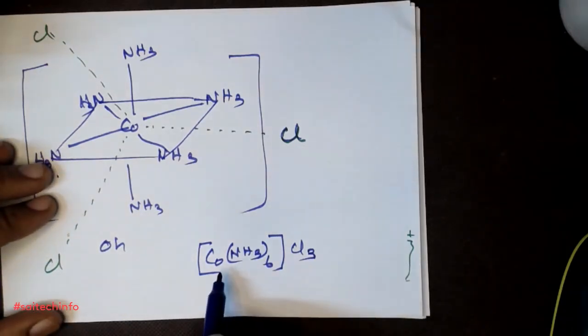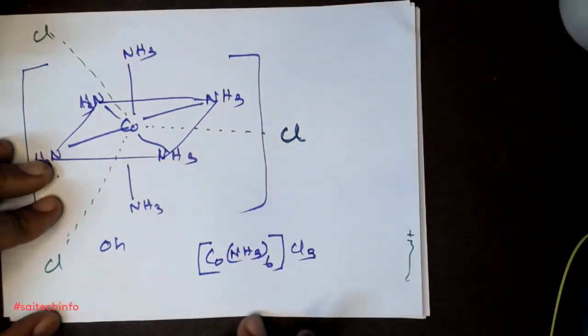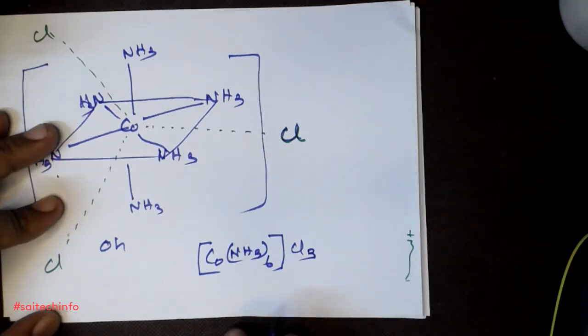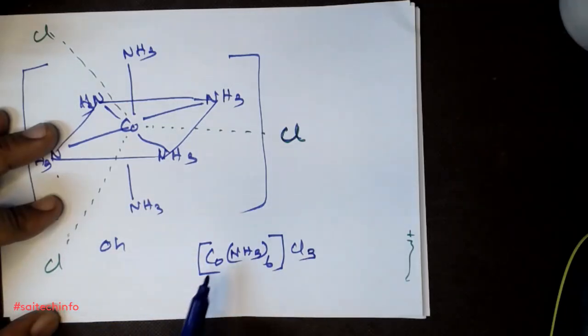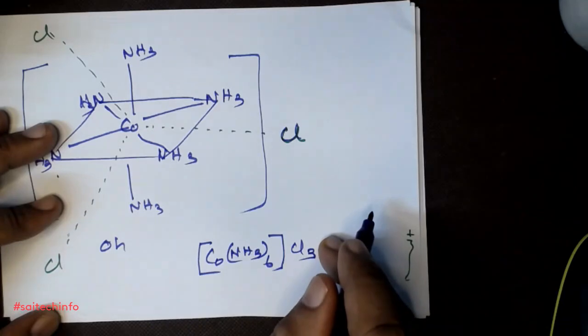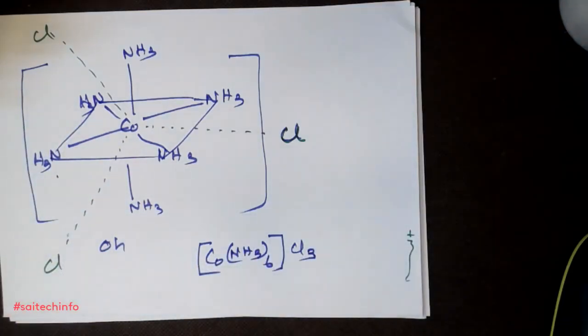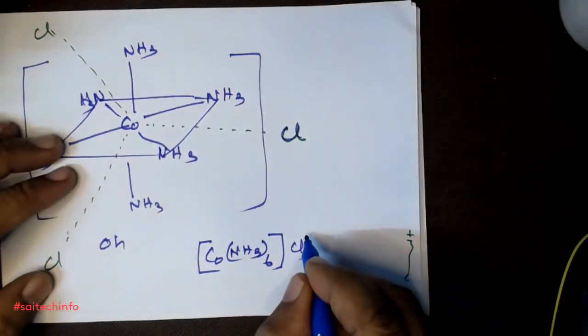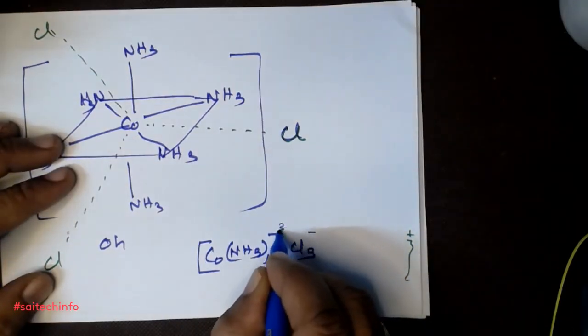Now this can be named according to the latest IUPAC nomenclature system. For example, the cation should be named first. First of all, we should identify the nature of the ion of the complex. So here it is a complex ion, when we ionize it becomes plus and this is minus, is it not?